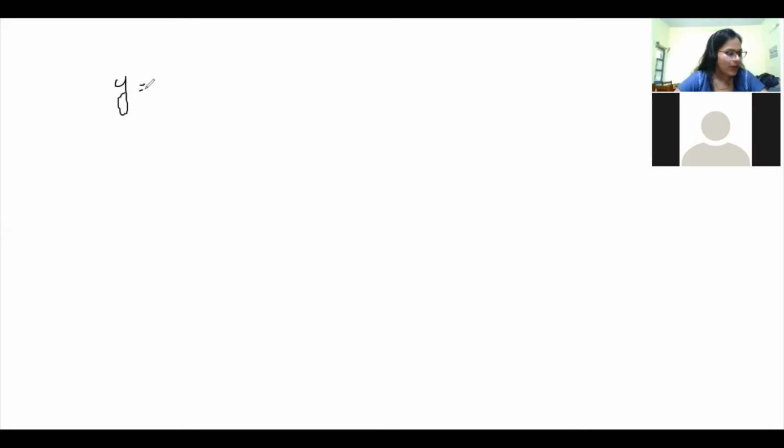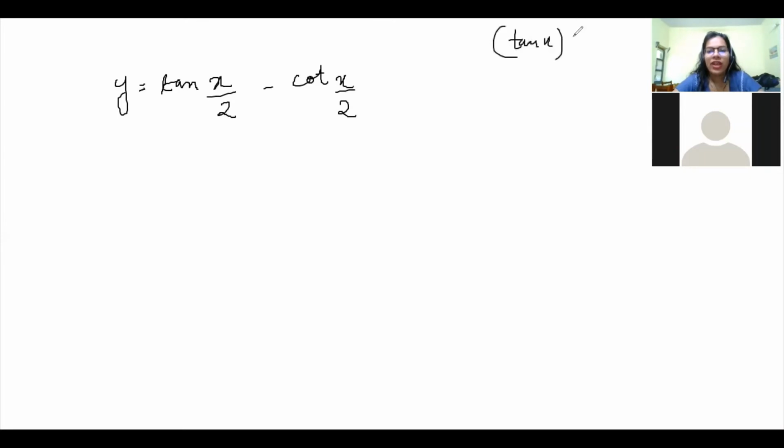y is equal to tan x by 2 minus cot x by 2, right? Okay. So what is the differentiation of tan x? The differentiation of tan x is sec square x.